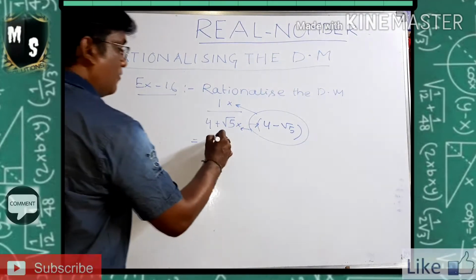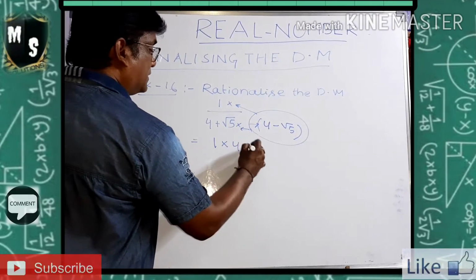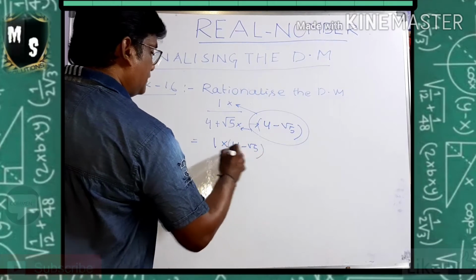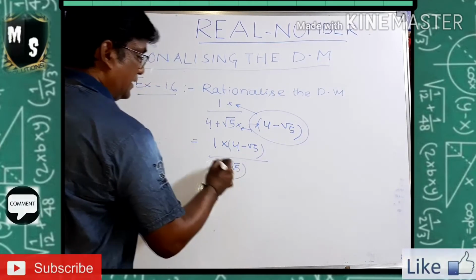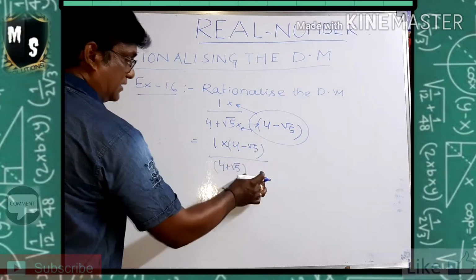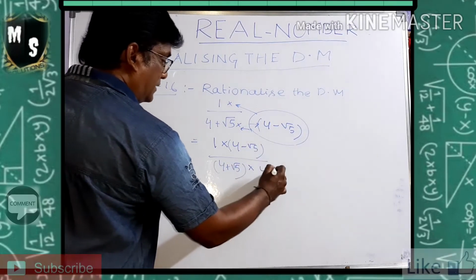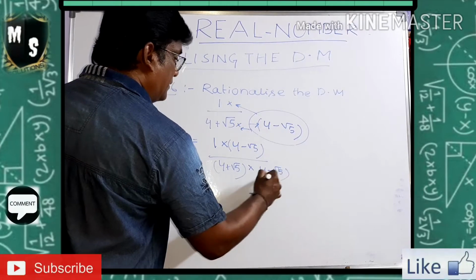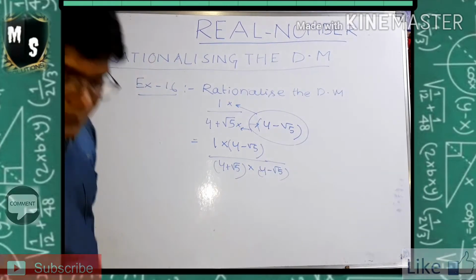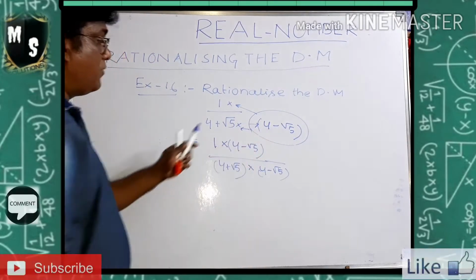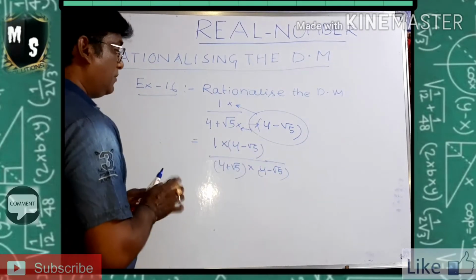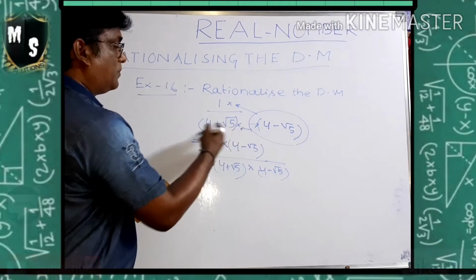Let's multiply 1 into 4 minus root 5 by 4 plus root 5 is there first. Then we are multiplying this one into 4 minus root 5. Now you have to write here how it is multiplied, how I took this number. I took this number, the opposite of the DM. What is the opposite of this?